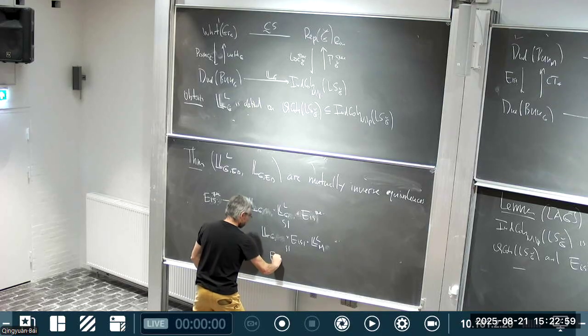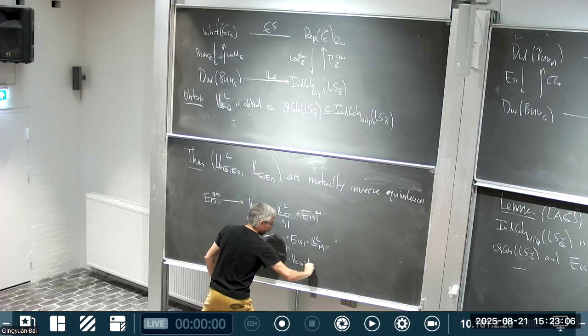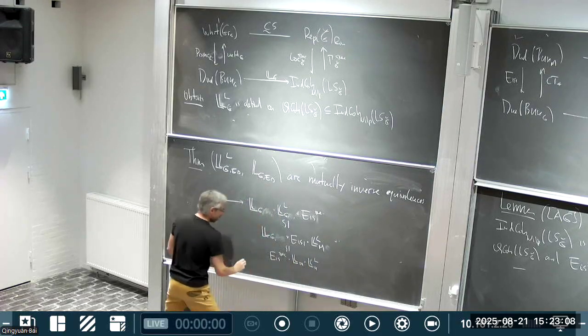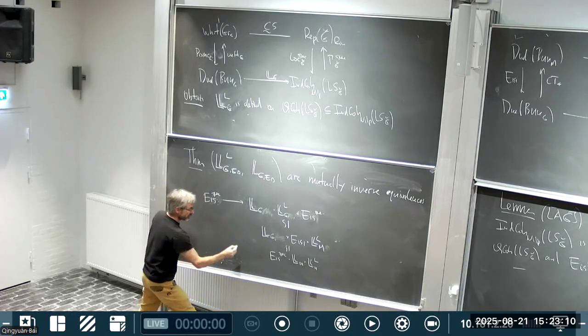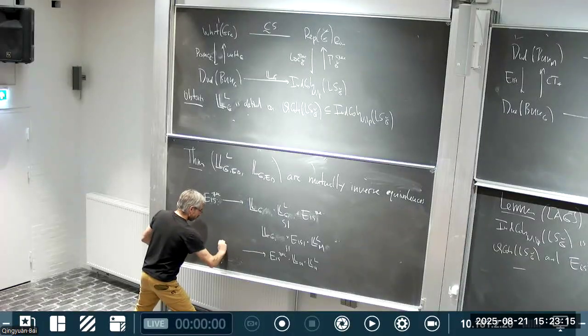This is the same as the spec LM pool. And now we know that by induction, this is the unit for the adjunction of the isomorphism.